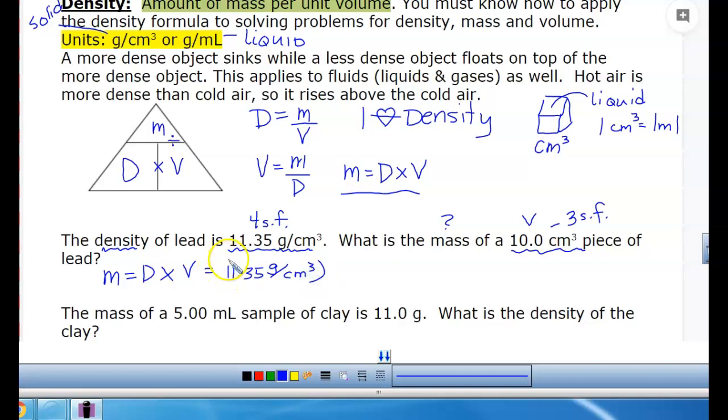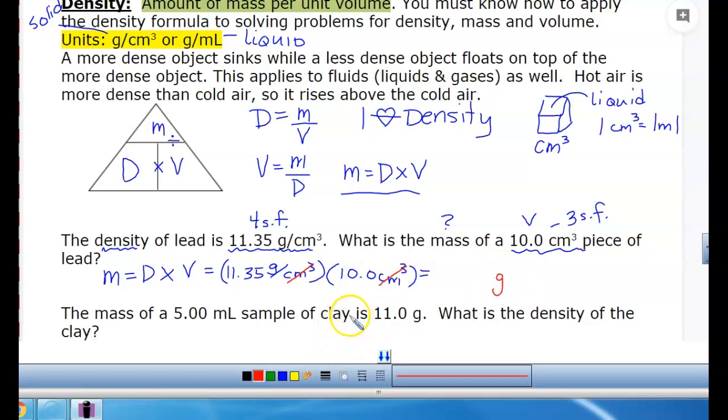And we are going to multiply that by our volume, which is 10.0 centimeters cubed. And since I have centimeters in the denominator and centimeters in the numerator, those 2 centimeters are going to cancel out. So what I'm going to be left with is really just a unit label that is grams. And that's good because I want mass. So grams goes with that.